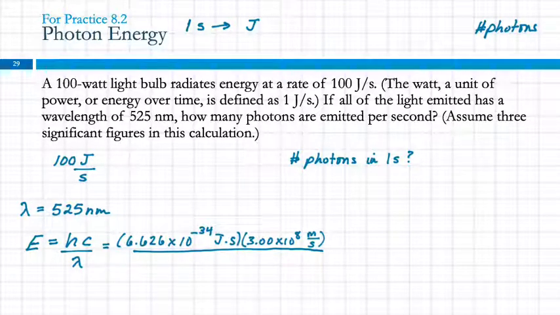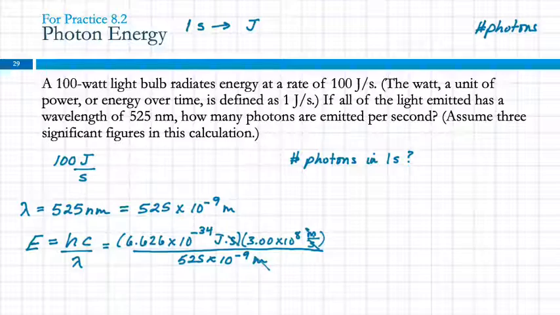So 525 nanometers is the same as 525 times 10 to the minus 9 meters. And so when I look at what happens with the units, the seconds cancel and the meters cancel, and I'm left with joules.